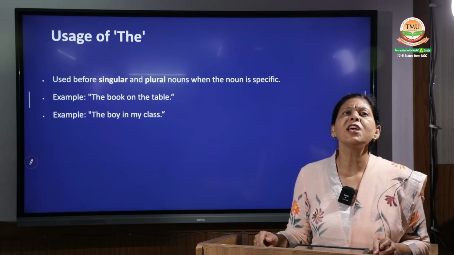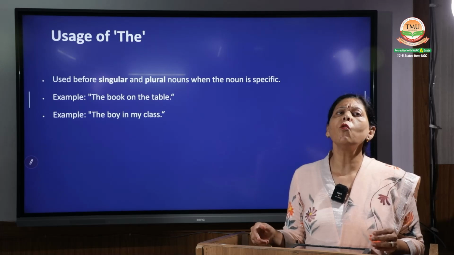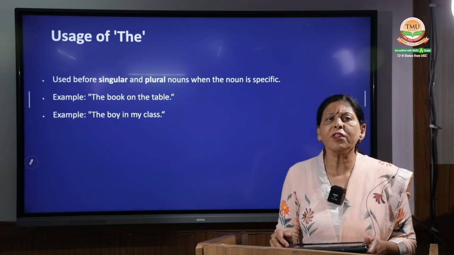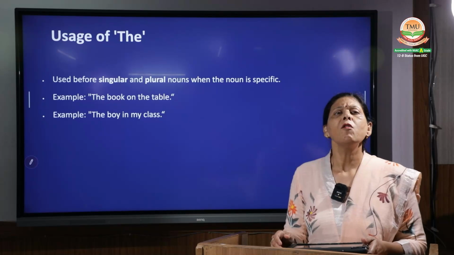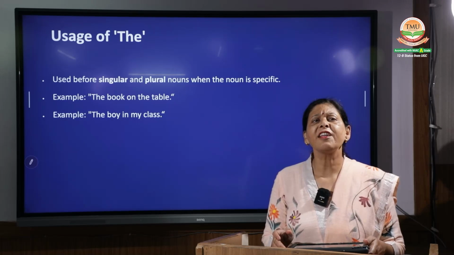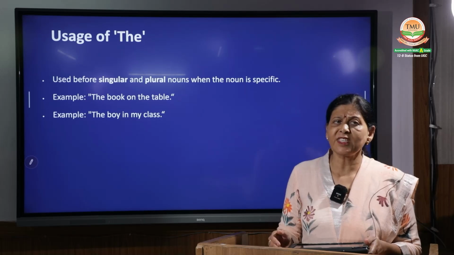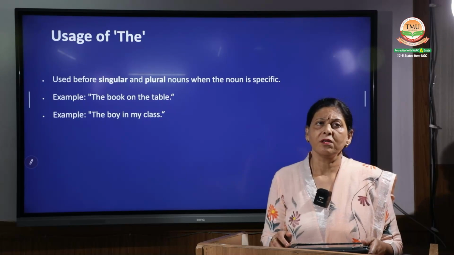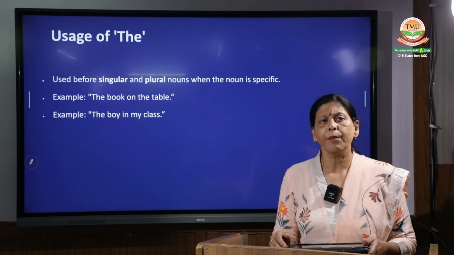Means those boys who were playing in the garden, they are making a lot of noise. So two things: when we are specific, the can be placed before a specific or particular thing, and the can be placed before both singular nouns as well as plural nouns.